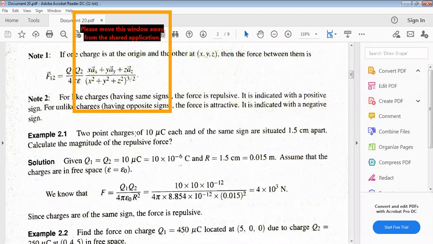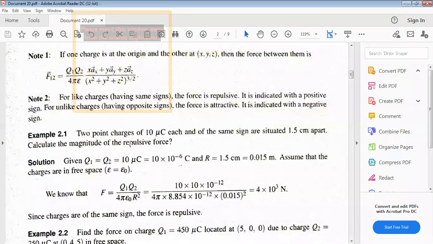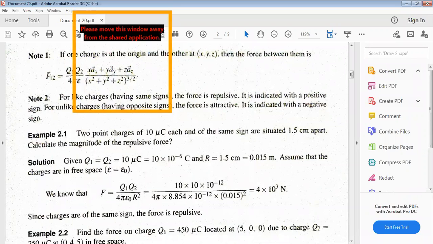Two point charges of 10 microcoulombs each, Q1 and Q2, of the same sign, are situated 1.5 centimeters apart.